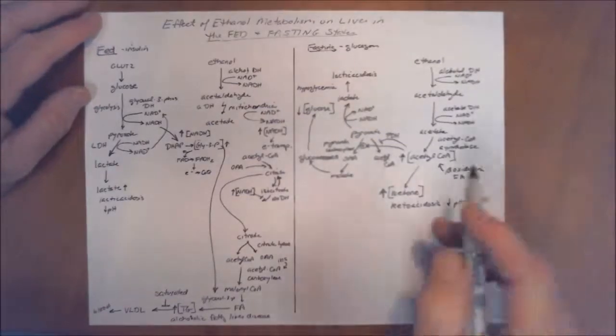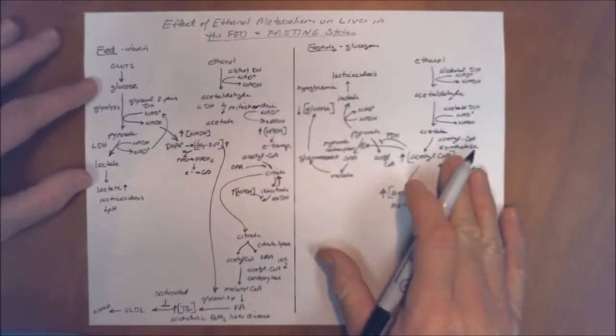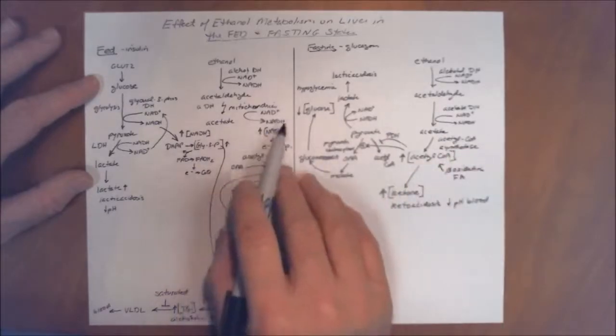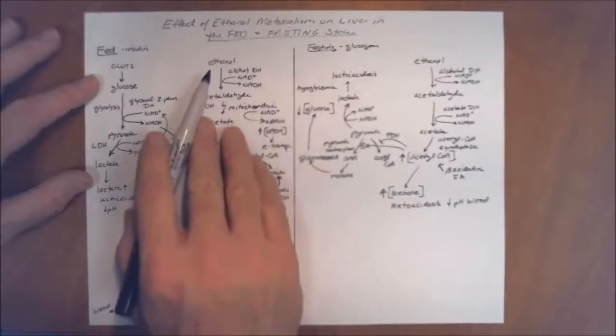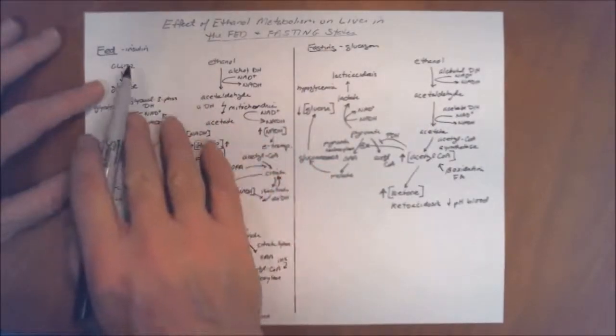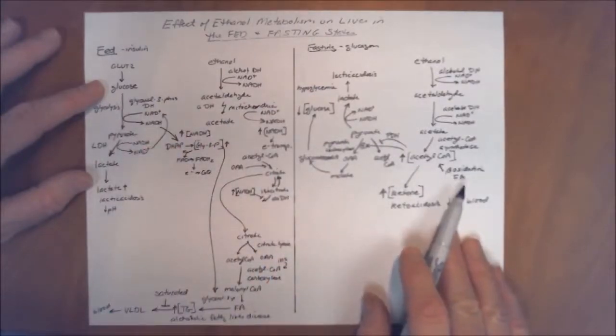So these reactions, both in the fed and fasting states, are specifically enhancing the normal metabolic activity of the liver, of the hepatocyte. But now what we are doing is increasing essentially the energy charge by oxidizing ethanol in addition to our normal fuels, being glucose in the fed state or beta oxidation and fatty acids in the fasting state.